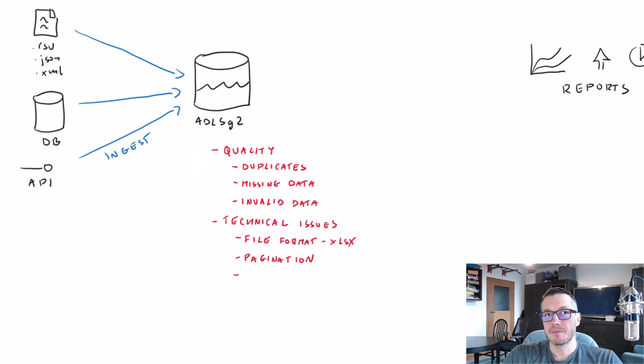Then, actually, we didn't have this case when I was showing various ingestion patterns, but quite often it is the case that every day you load the same set of data, the same data source. And later on, you will end up with multiple versions of the same row, the same object.